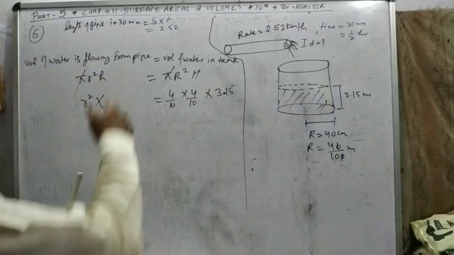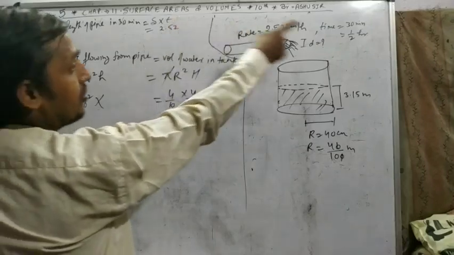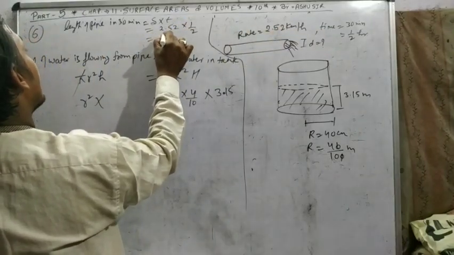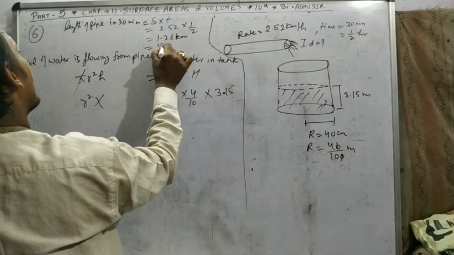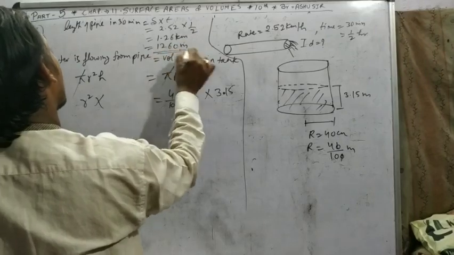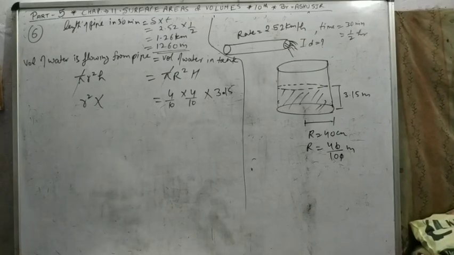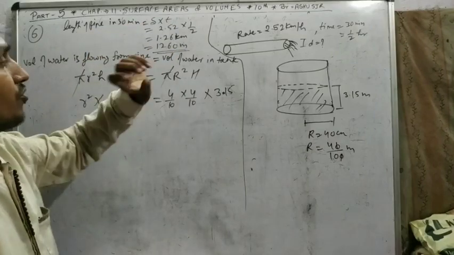So we simply solve here with speed in kilometer per hour and time in hours. So we get 1.26 kilometer, or you can say 1260 meter. Any doubt in finding the length of the pipe? 1260 meter. I hope you have no doubt, because distance equals speed into time.